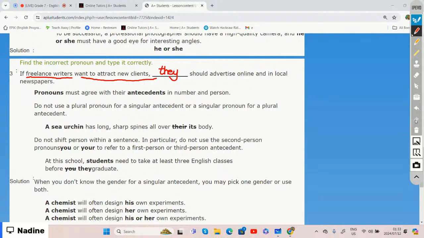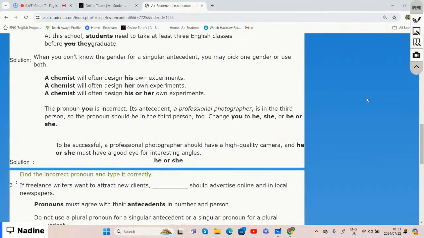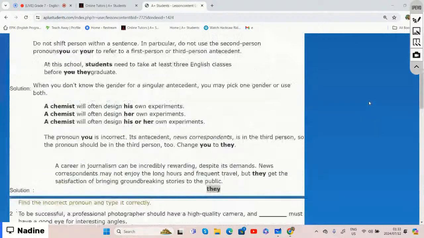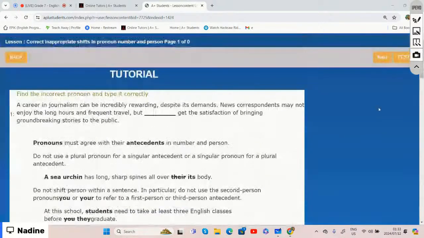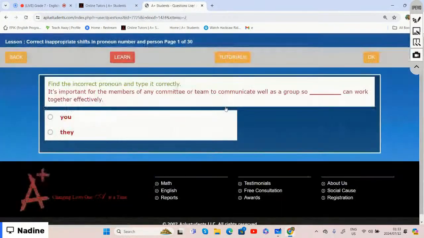All right, so now we're going to our test where we are going to find the incorrect pronoun and type it correctly, or we're going to correct inappropriate shifts in pronoun number and in person. So we need to choose the correct pronoun that refers to the antecedent.